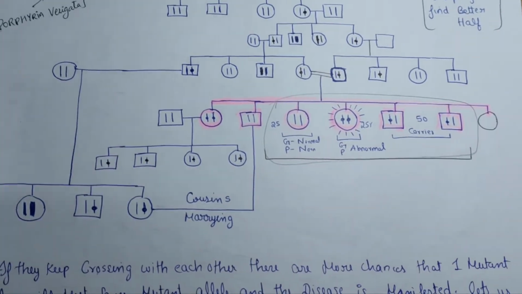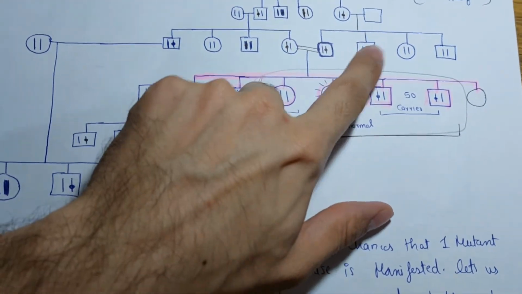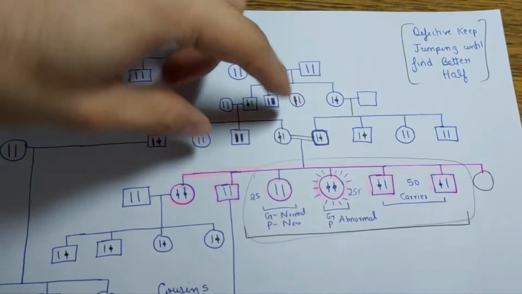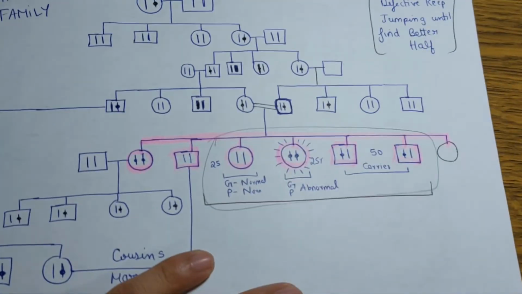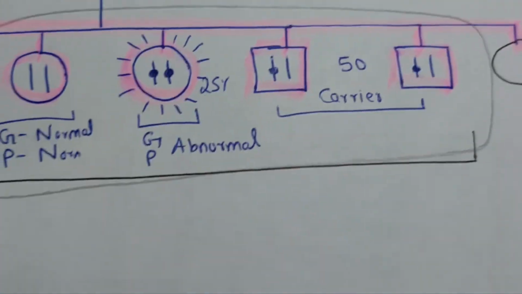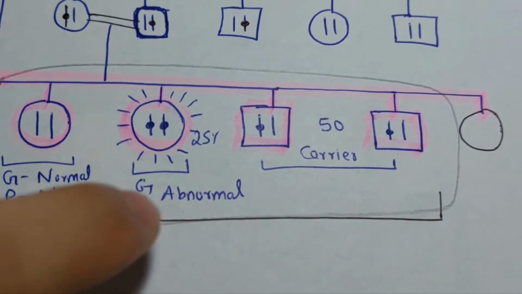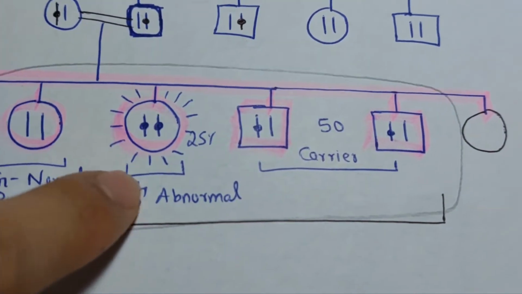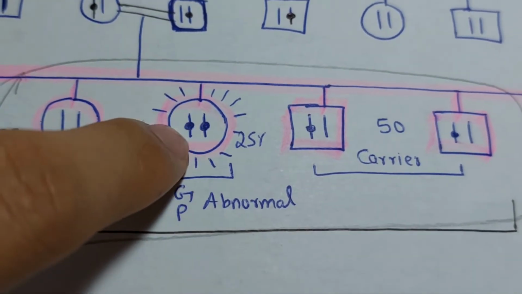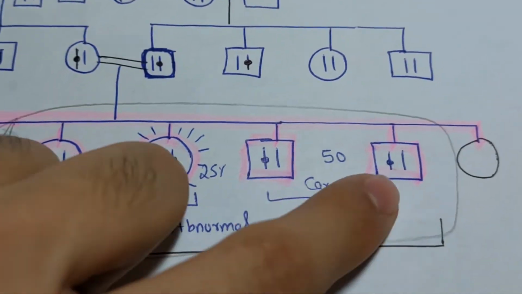So as we can see here, we had genotypically carriers, and when there was a cousin marriage in this lineage, we had 4 offspring, out of which the probability was that 25% were normal genotype and phenotype, and 25% was where the disease was manifested because it was a homozygous mutant allele, and that is what is required for autosomal recessive disease, whereas 50% were carriers.